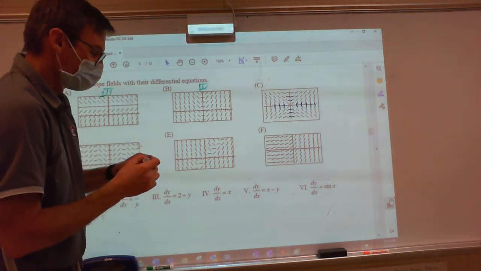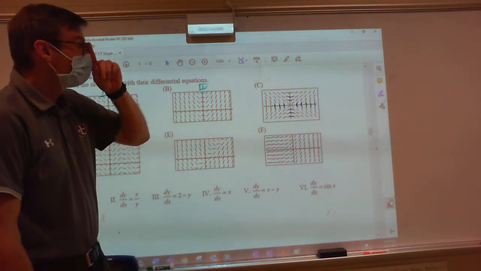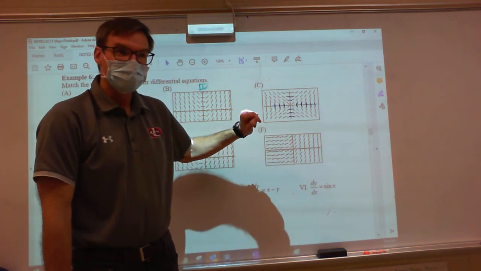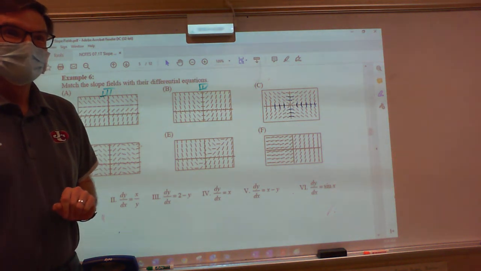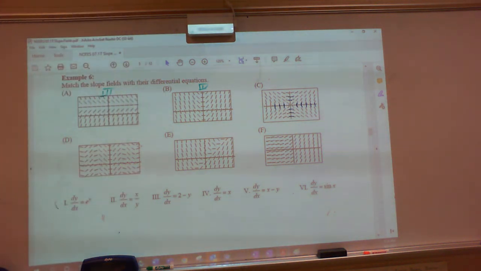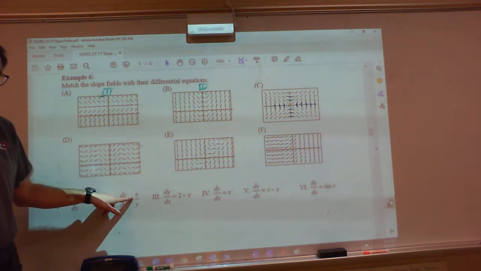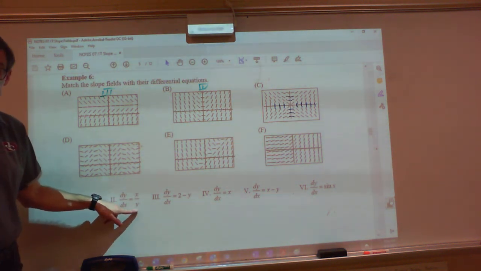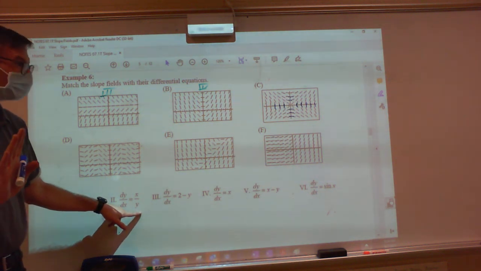So when I look at this, it looks like I have 0 slopes when x is 0, and vertical slopes when y is 0. Which one of these matches that? Do you see that I'm going to get a slope of 0 when x is 0, and an undefined, or vertical, slope when y is 0?